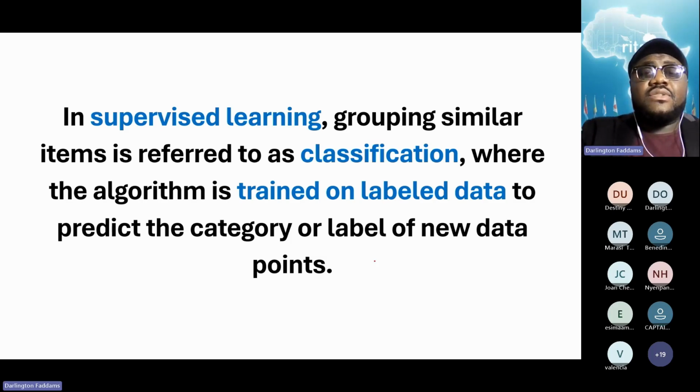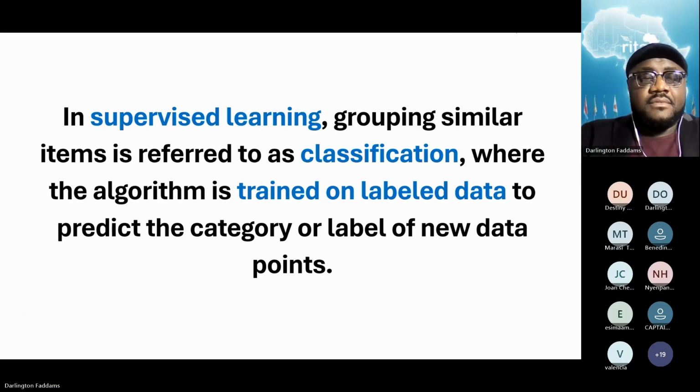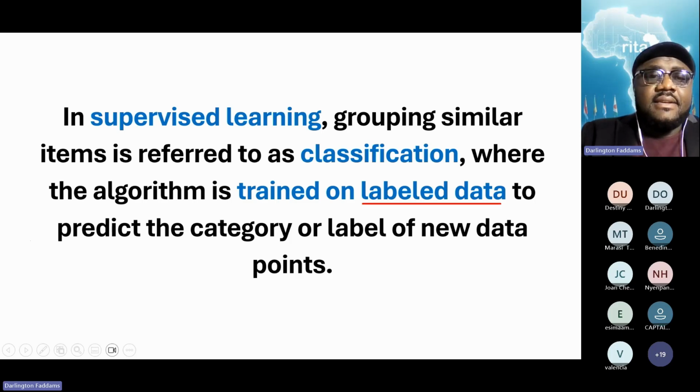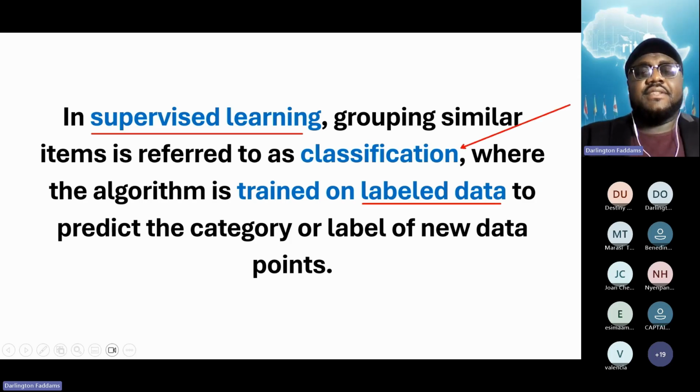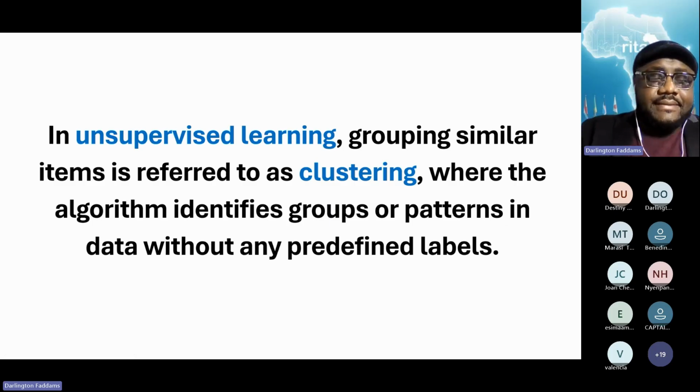So this tells you that we are specifically talking about labeled data and supervised learning. So the word is this, it's called classification. In unsupervised learning, grouping similar items is referred to as what?